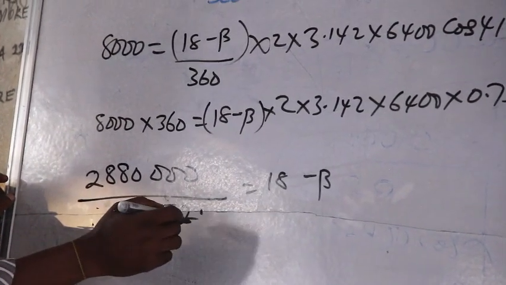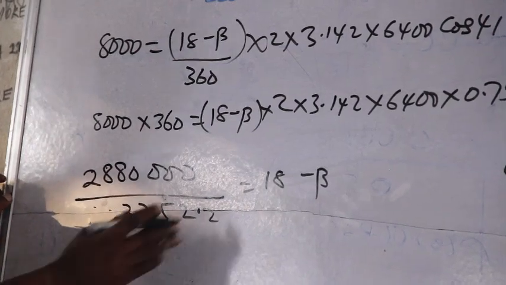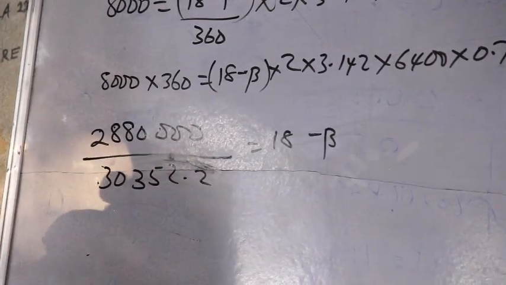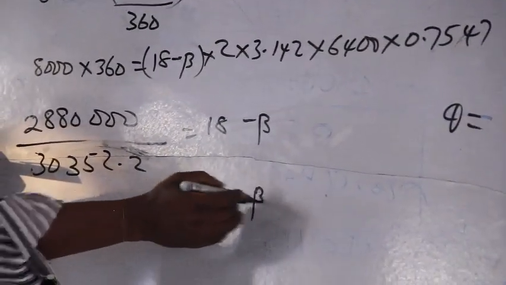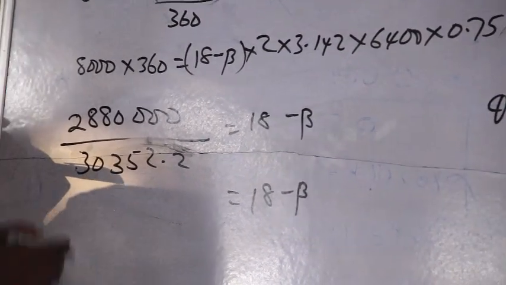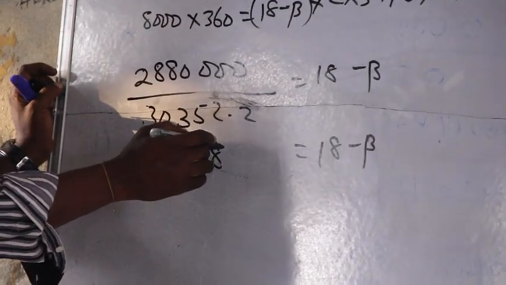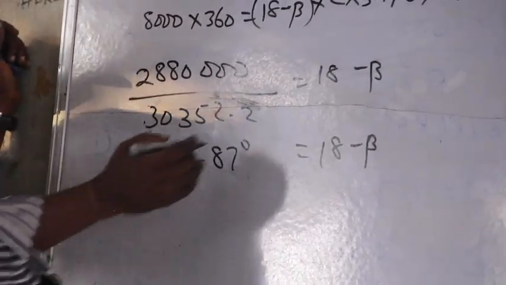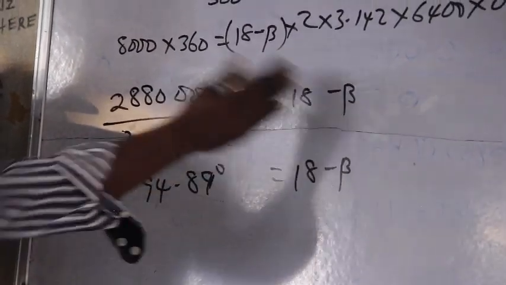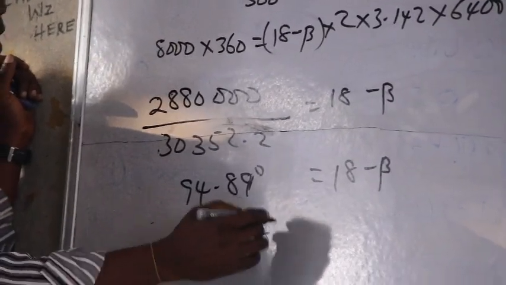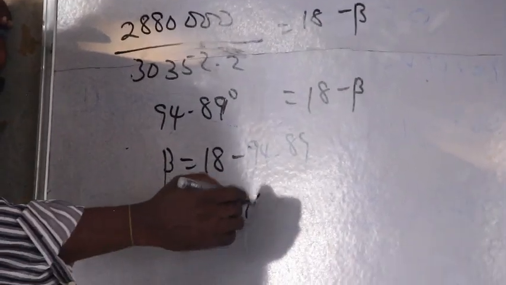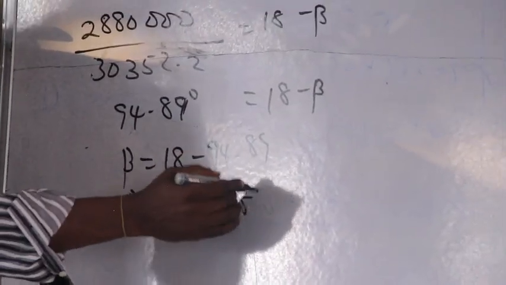Divide, 94.89. So take beta to this side. 18 minus 94.89. What do we have? Minus 76.89. Minus 76.89 degree.